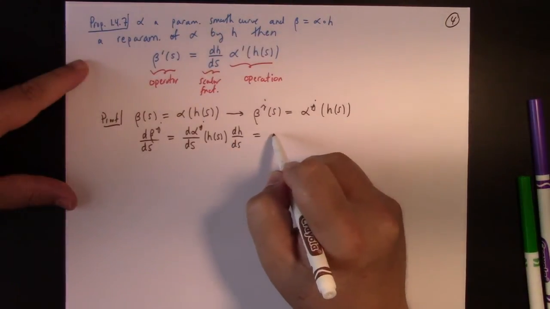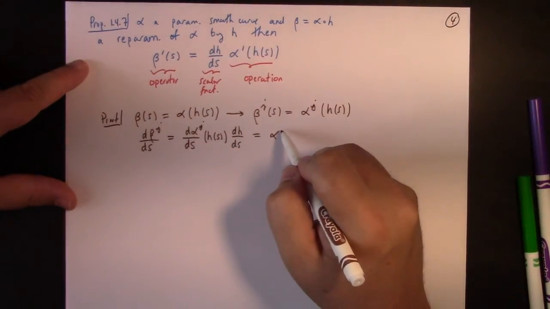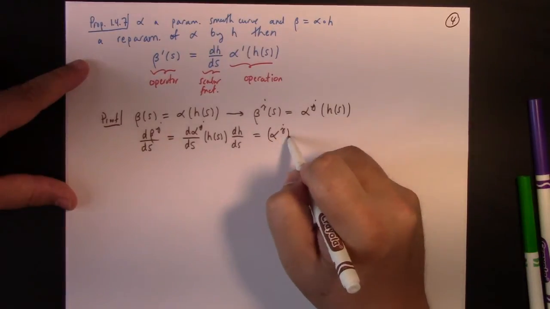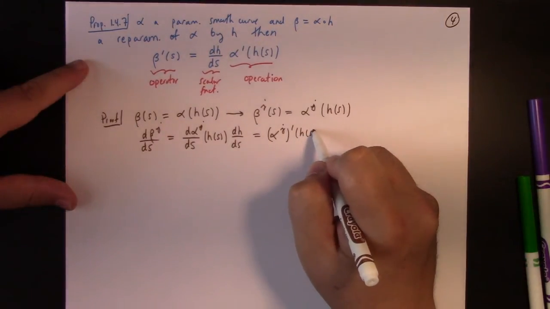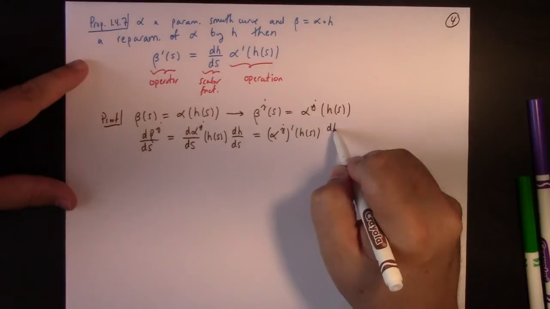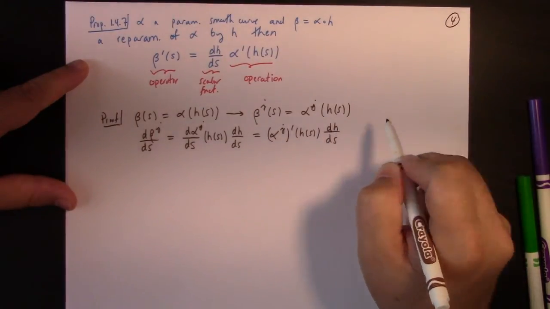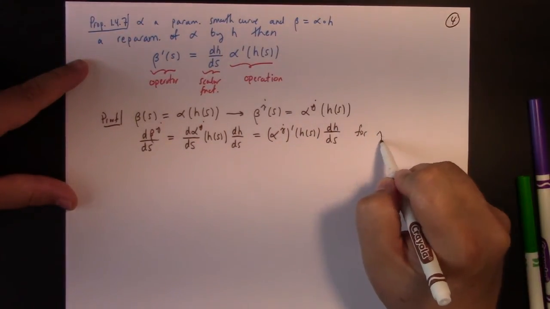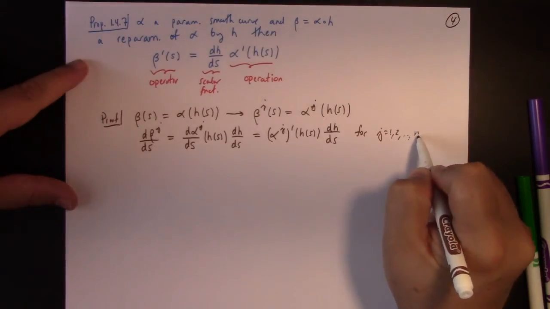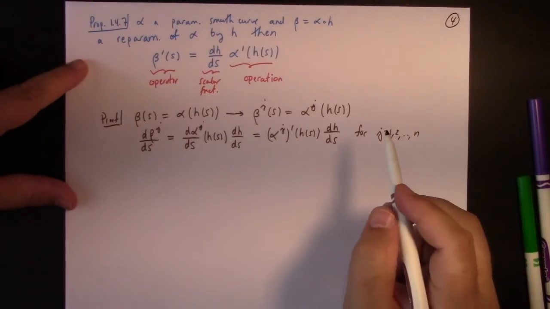Now, typically I would denote that alpha j prime of h of s times dh ds. All right, and I can do that for j equals 1, 2, all the way out to n. And so what was our definition?